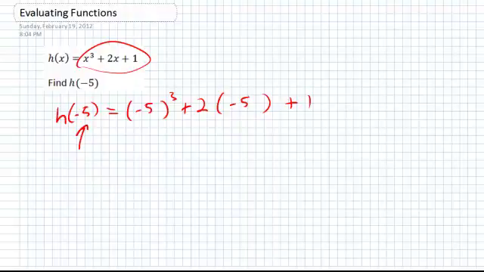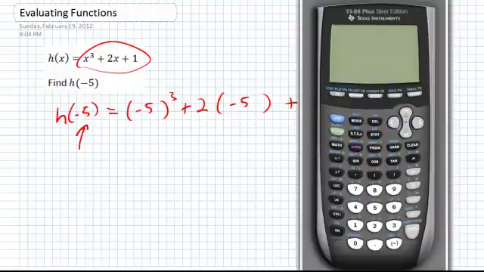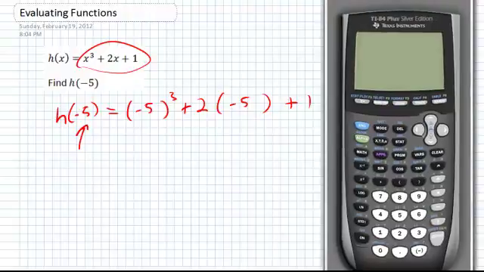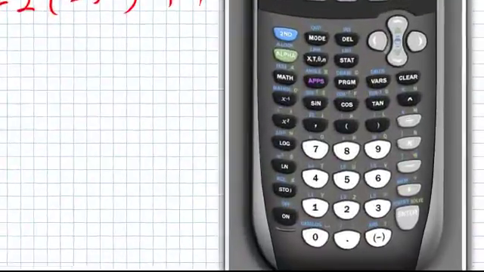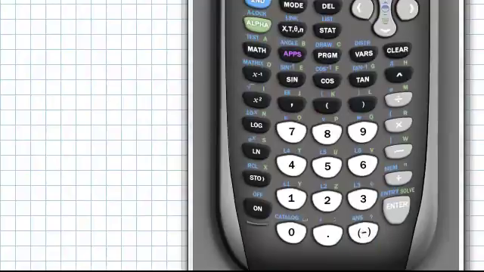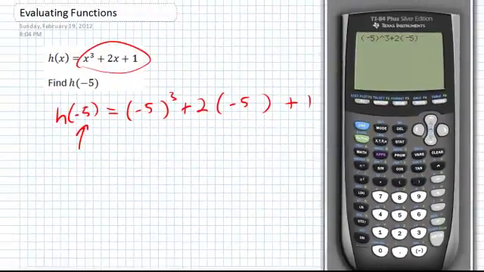And then the rest of the work is going to be calculator work. So I'm going to take my handy dandy calculator, turn it on, and I'll put a parentheses, negative 5, cubed, so I do that by raising it to the third power, plus 2, parentheses, negative 5, and then plus 1.